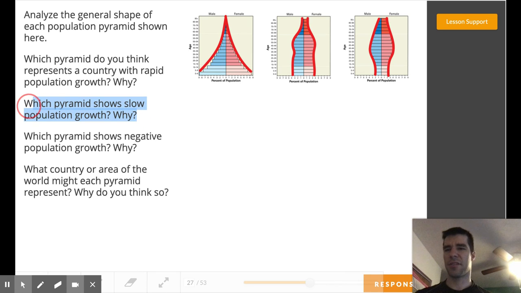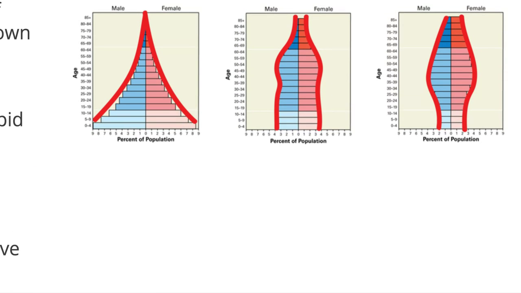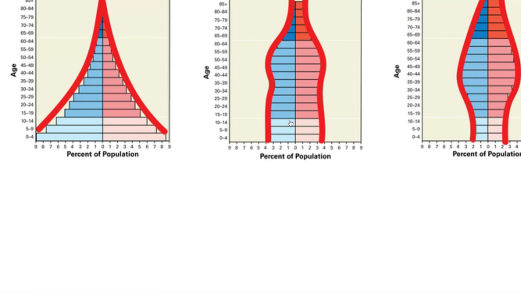The next question says, which pyramid shows slow population growth and why? That would be this one in the middle. Now it is slow population growth, and I'll zoom in a little bit because as you can see, the lower cohorts are not as wide. They are a little bit wider than the rest of the graph. Actually, they aren't the widest portion.